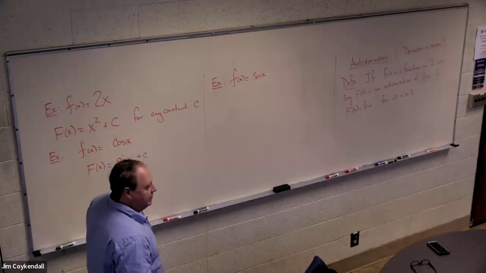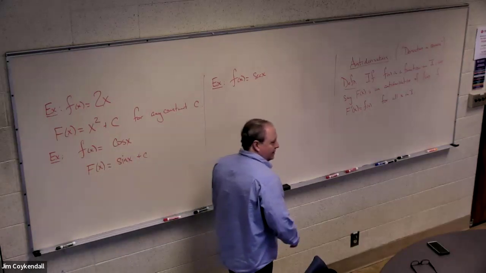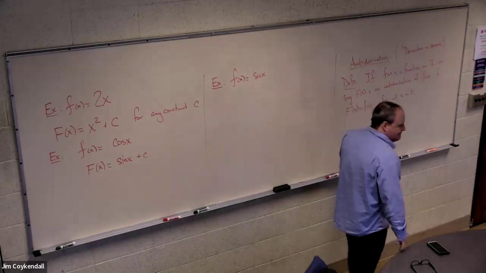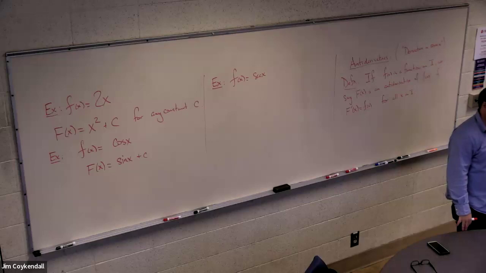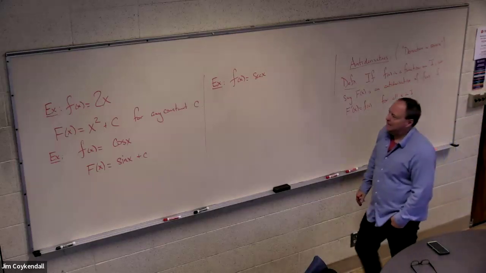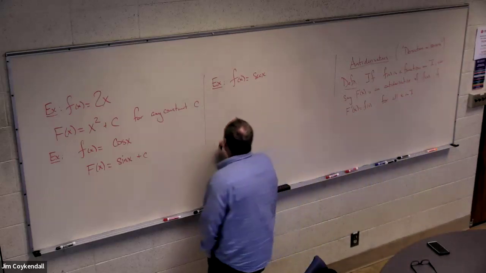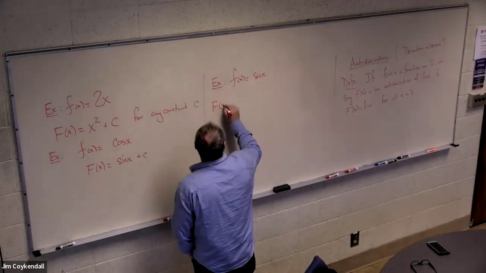Cosine is sine, pretty easy. What's the antiderivative of secant? I'm not going to tell you, but we'll talk about this later.